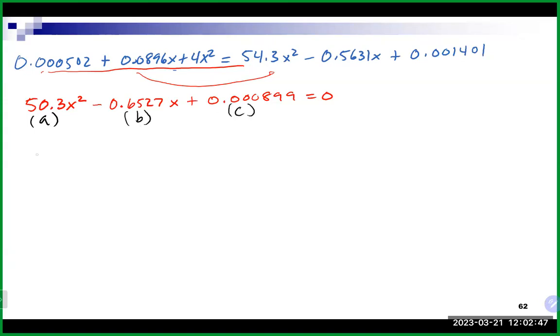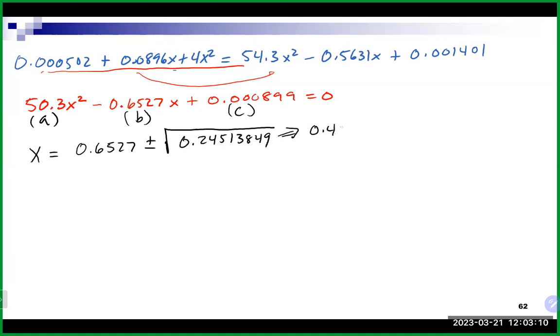So going into our quadratic, x is equal to 0.6527 plus or minus the square root here. If you do everything inside the square root, you get 0.2451389. After you take the square root of that, you end up with 0.4951.